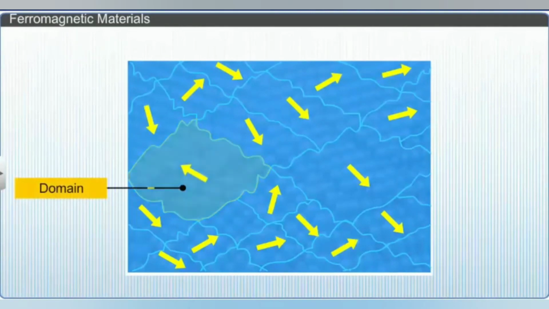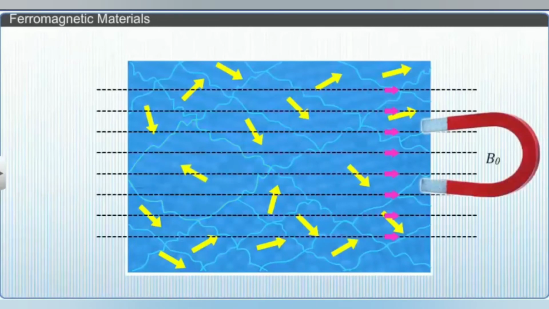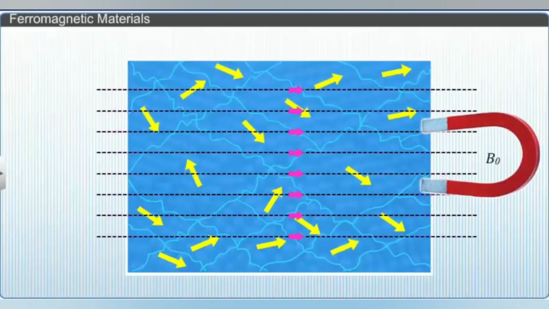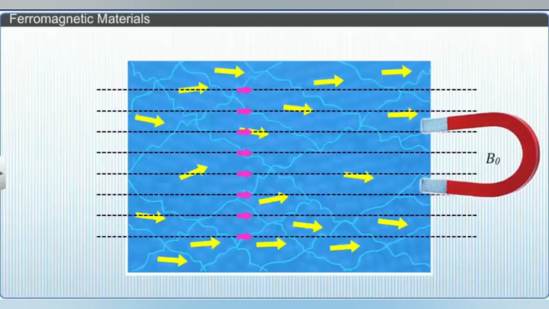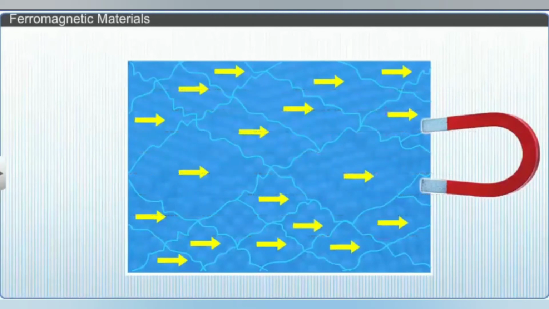In an unmagnetized ferromagnetic substance, the domains are randomly oriented such that their magnetic moments cancel out each other. When the substance is placed in a magnetic field, all the domains get oriented in the direction of the magnetic field. Therefore, the substance has a very high magnetic moment.